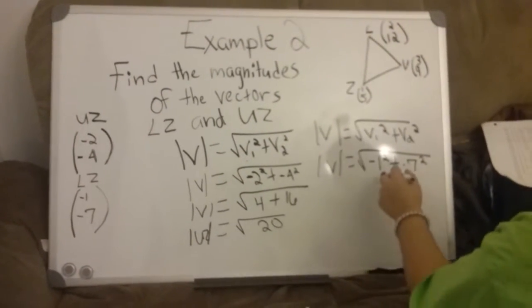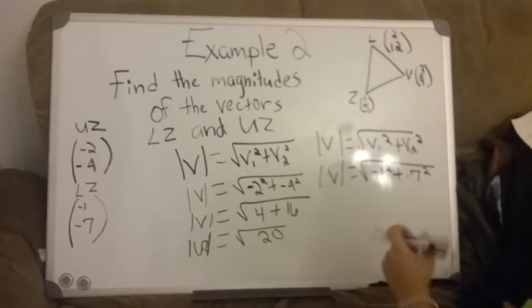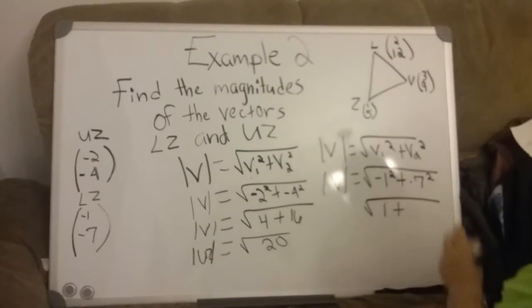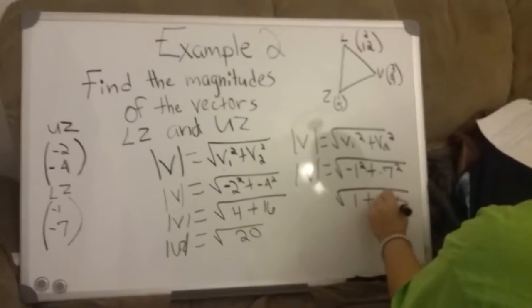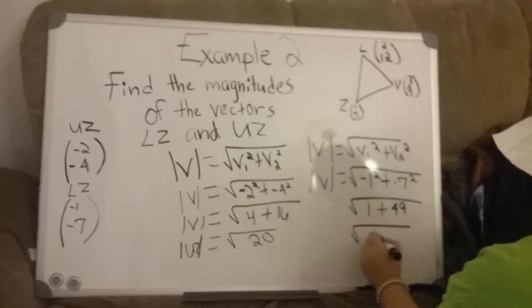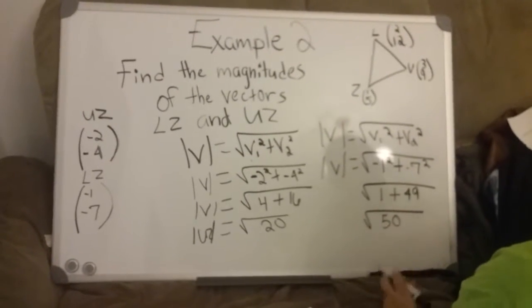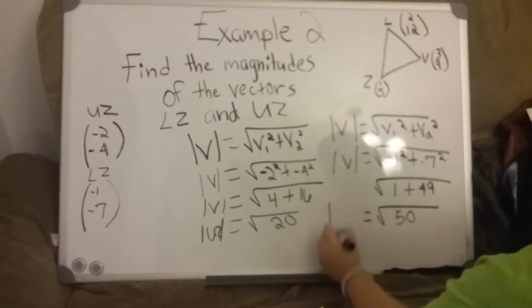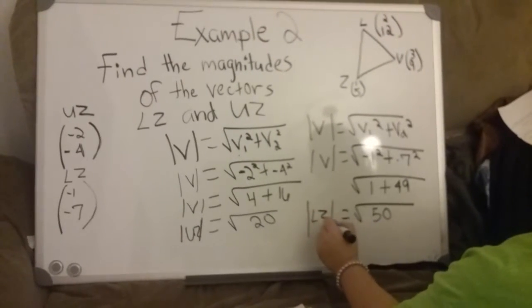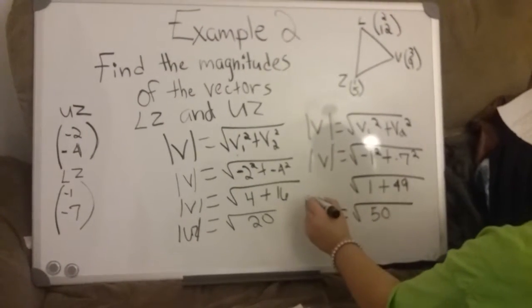Then 1 squared is 1, and -7 squared is 49. So we have the square root of 50, which is the magnitude of vector LZ.